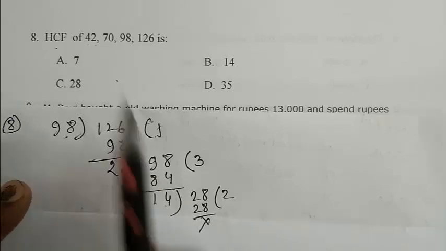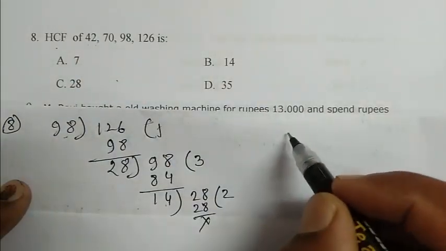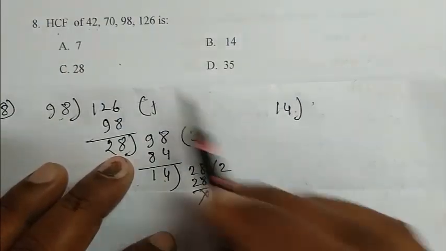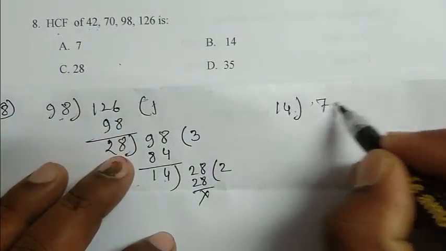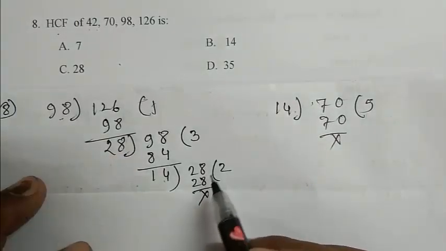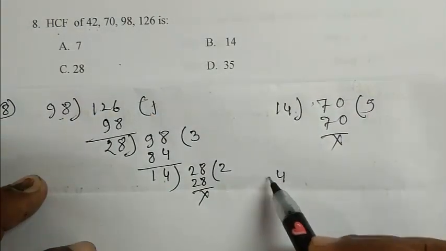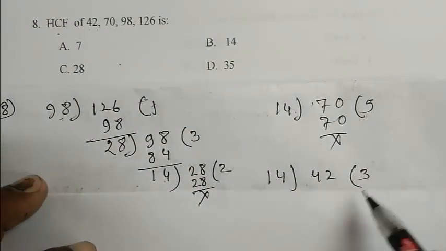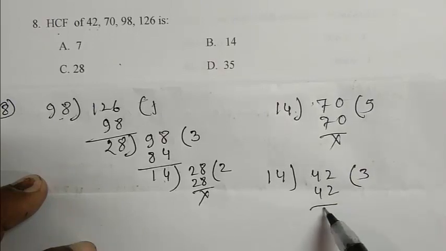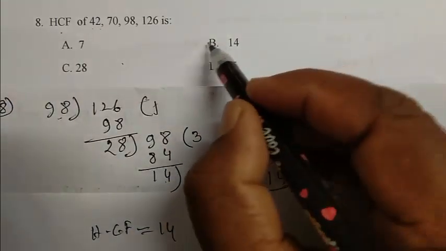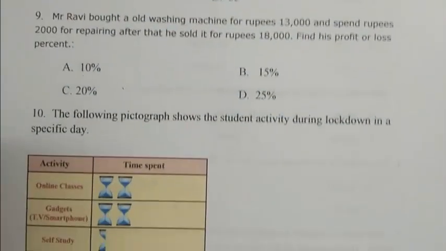After that we calculate the HCF of 14 and 70, that is 14. After that we calculate the HCF of 14 and 42, it becomes 14. So HCF is 14. So B is the right answer.